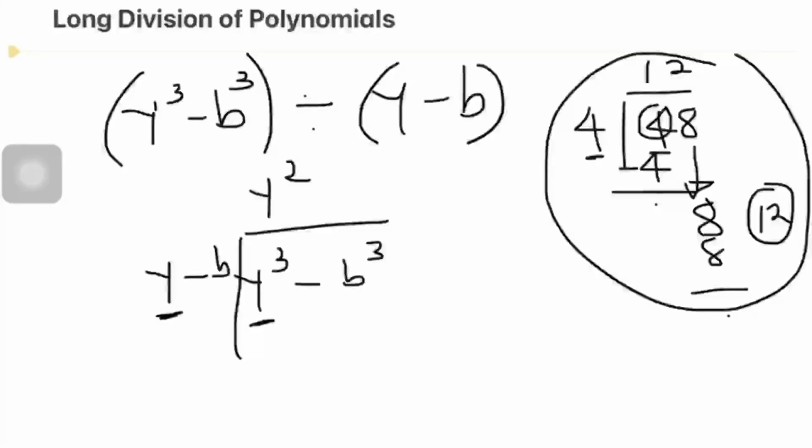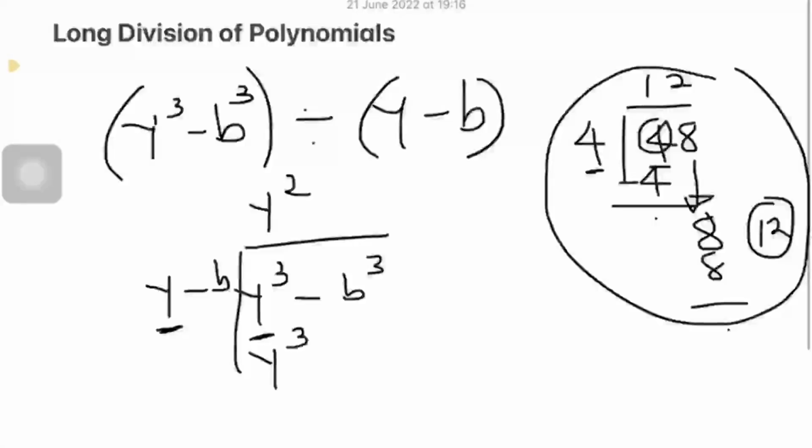So now, after knowing what you have to multiply by, the next step is to take your y squared and multiply by all the polynomial that is outside, y minus b, term by term. Y squared multiplied by y, we get a y cubed, right?